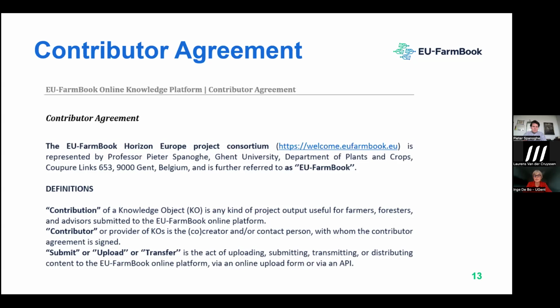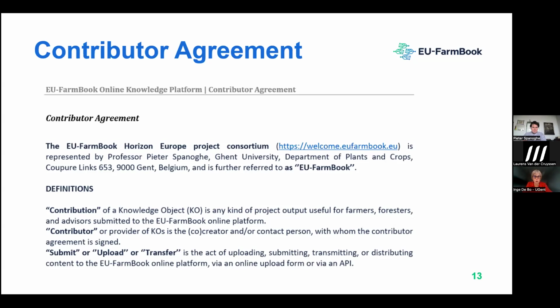And we have 3 definitions. The first definition, of contribution of a knowledge object, I think is well explained by Pieter. But then we also have contributor or provider of KO, knowledge object, and also submit or upload.